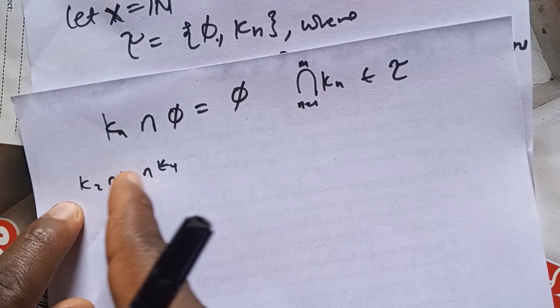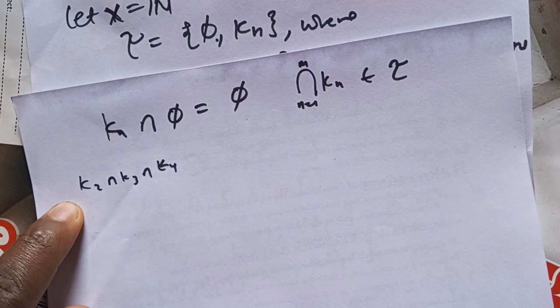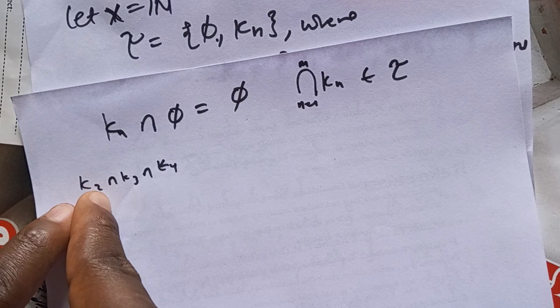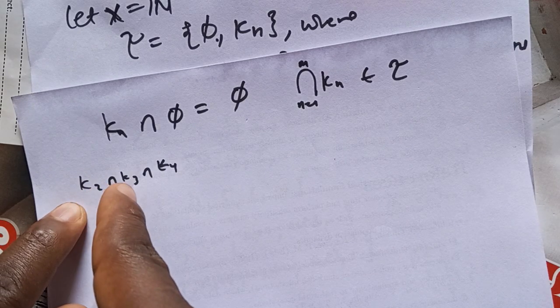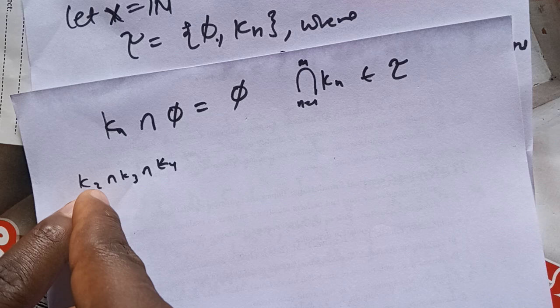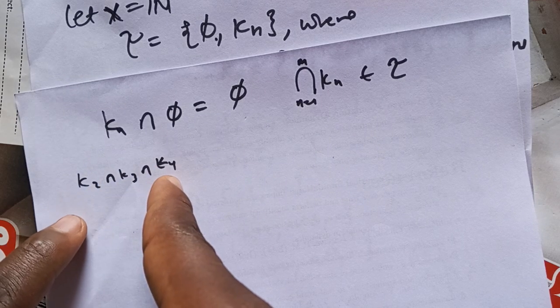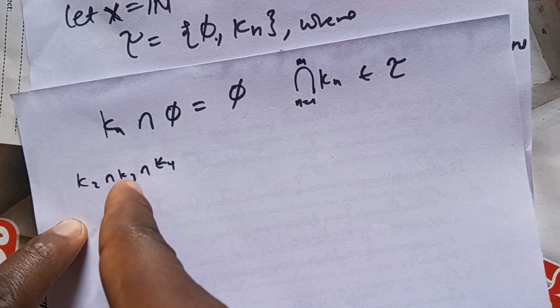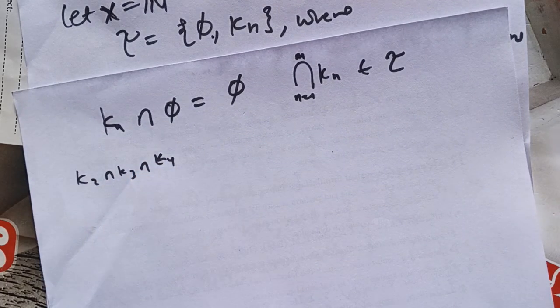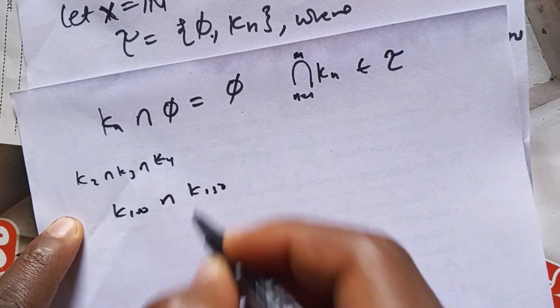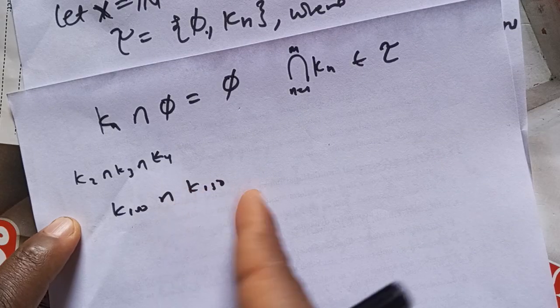But here I might have a case where I have K2, K3, K4, or I might have a case where I have K100 intersect K150. This is a finite intersection.